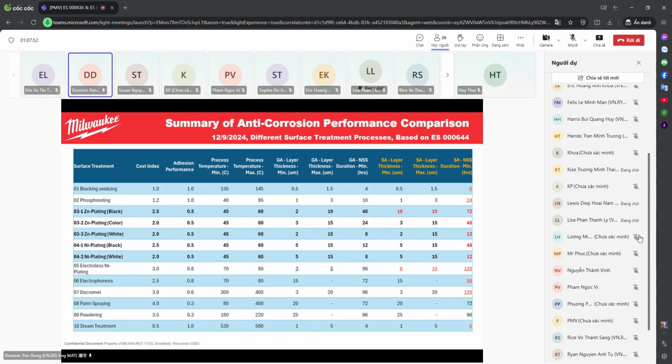Please pay attention to that, because most of the time powder metal parts would go through black oxidizing or steam treatment. Those two processes only provide very limited anti-corrosion protection, only around 6 hours under salt spray testing, which is pretty poor.